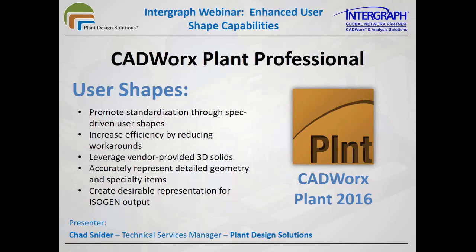Okay, accurately represent detailed geometry and specialty items. This is still falling back on the vendor-provided 3D solid bullet point there a little bit, but one of the added benefits of using these vendor solids is that we're certified. This is going to be the real estate that this component is going to take up.